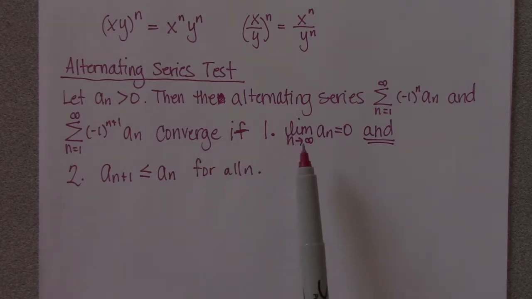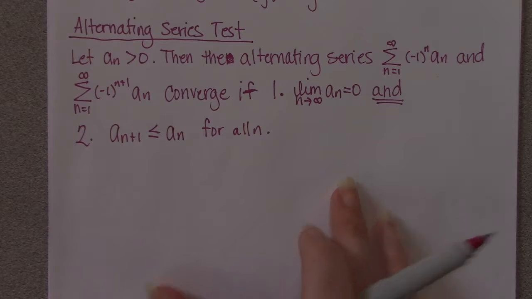So then it says, if the limit of the stuff that's left over goes to 0 and the terms are decreasing for all n, then it's going to converge. Okay, so let's look at an example of how to apply this test.